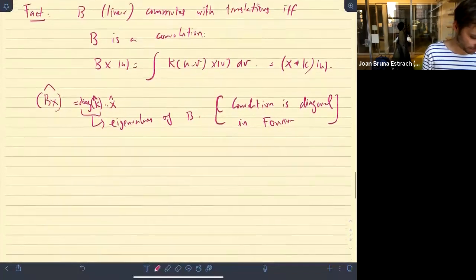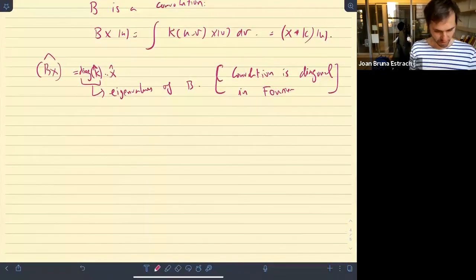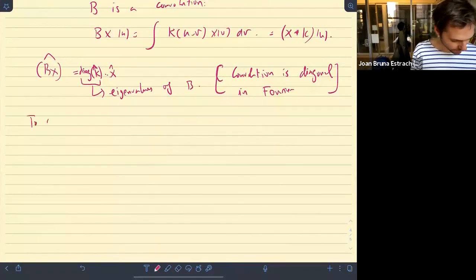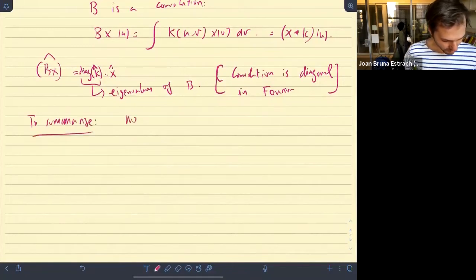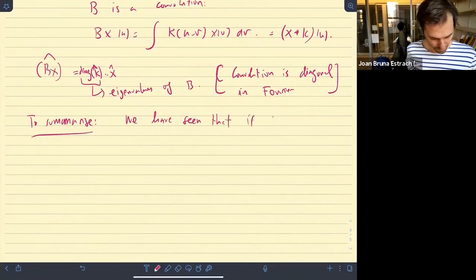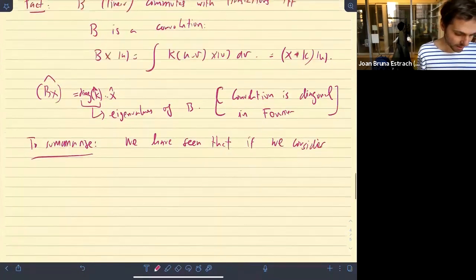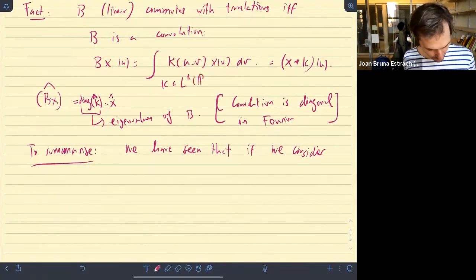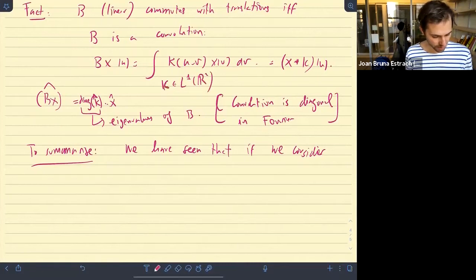Okay, good. So we know that in our blueprint, if we take as B any convolution, just to summarize, K here is any kernel, any function with finite absolute integral.